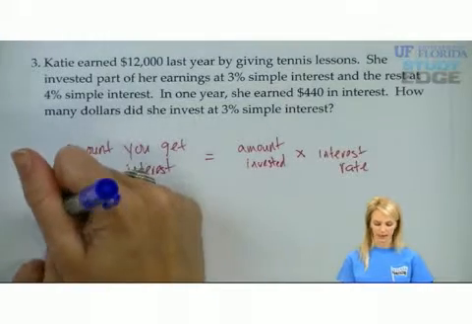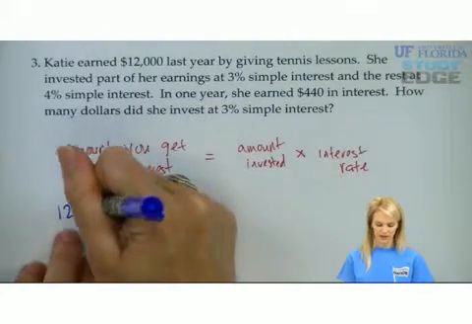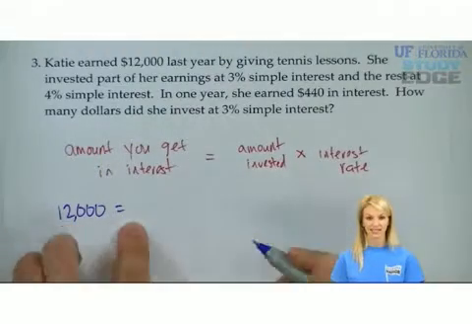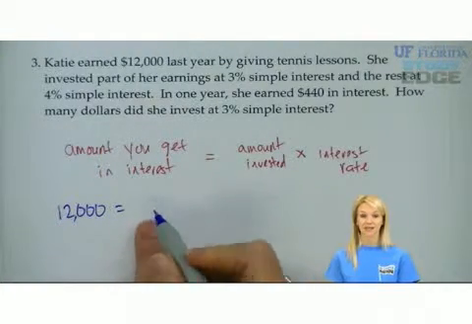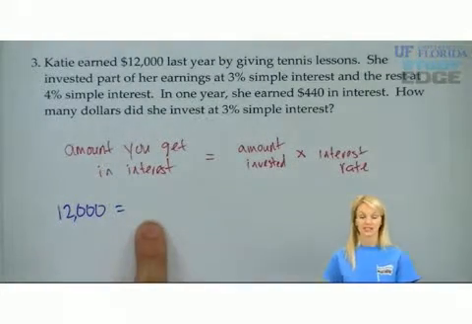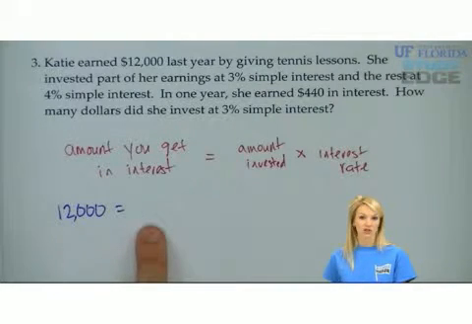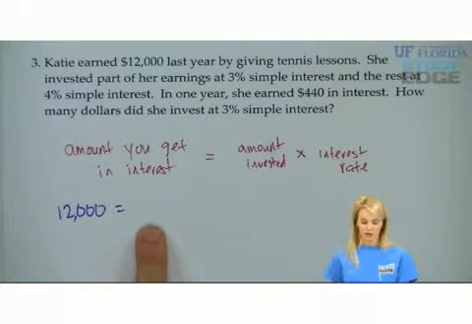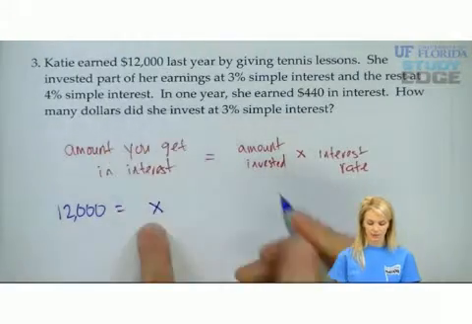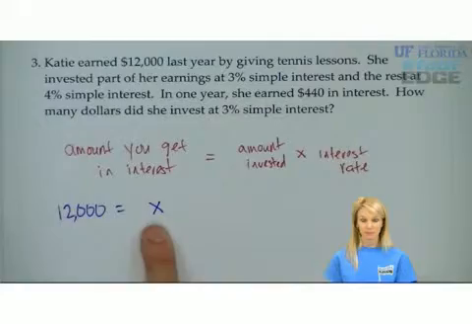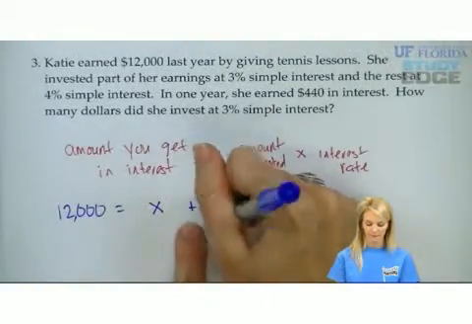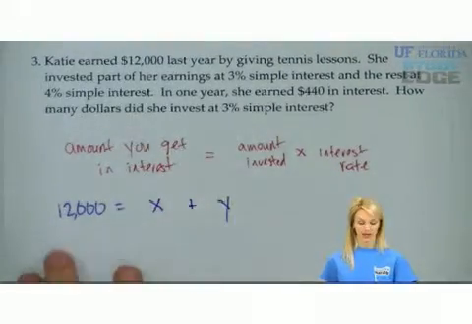So let's think about what that means. Out of the $12,000 that she has, some of it is being invested at 3%, some is being invested at 4%. Do we know how much is going to 3% and how much is going to 4%? No. So let's call X the amount invested at 3% and Y the amount invested at 4%.